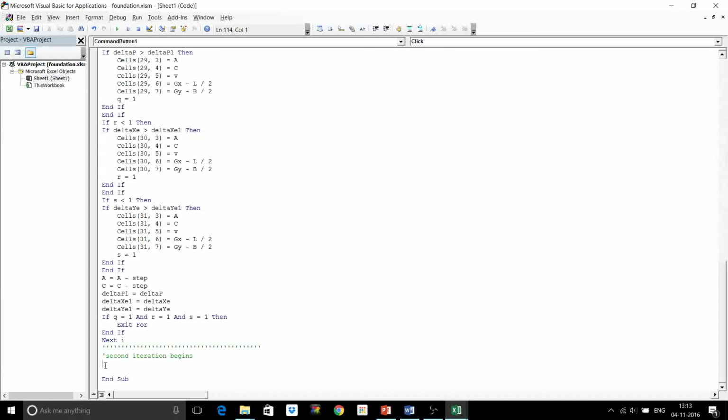I will take A max, or how many times or how long this iteration has to go, that means second iteration.